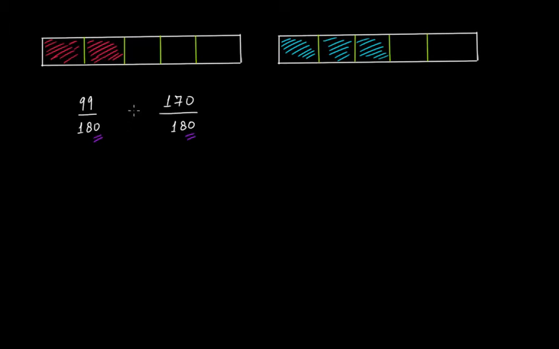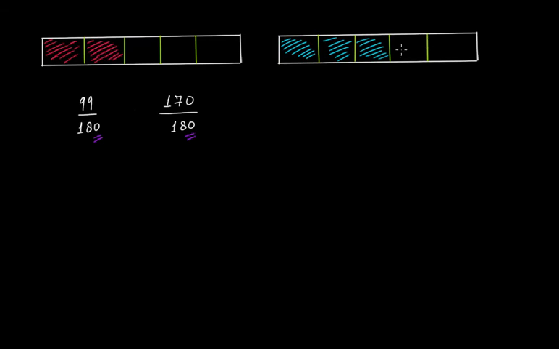It means that if you think about this block as having been divided into 180 equal parts, and this block has also been divided into 180 equal parts, just to think in that way, which part will be greater, the 99 shaded portions or 170 shaded portions?